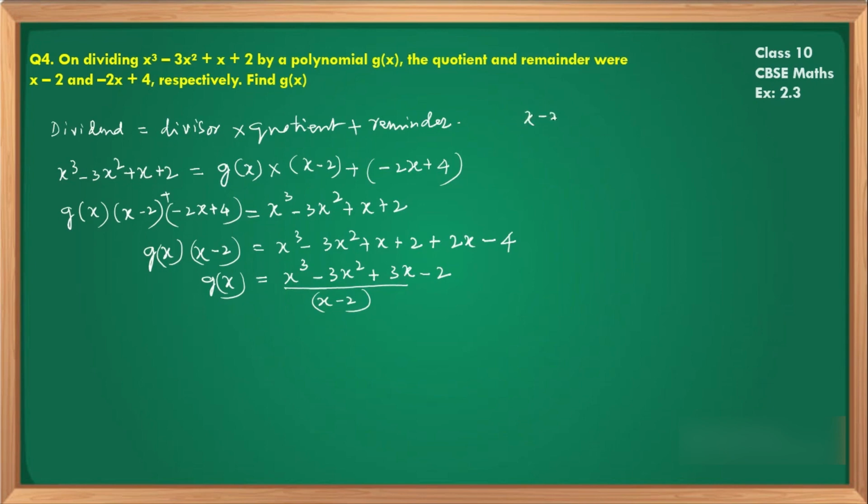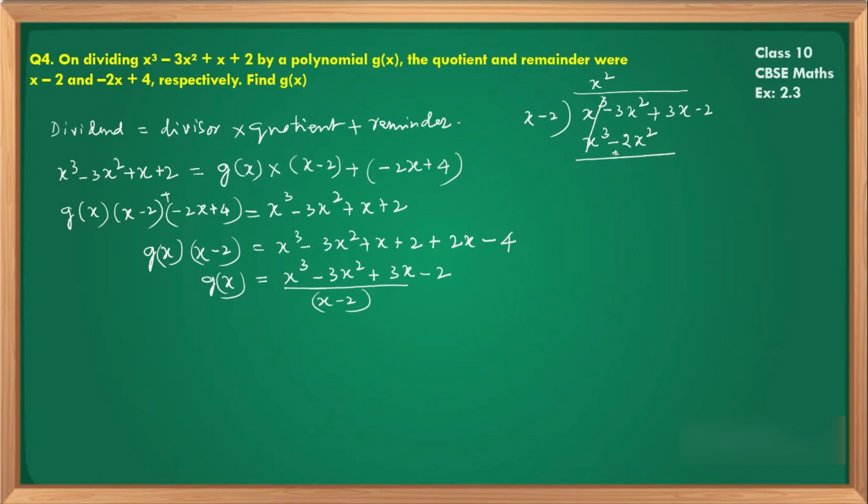X minus 2 divides x cubed minus 3x squared plus 3x minus 2. Now we have to multiply x squared with x so that you get x cubed, and then minus 2 into x squared becomes minus 2x squared. Now this x cubed gets cancelled.